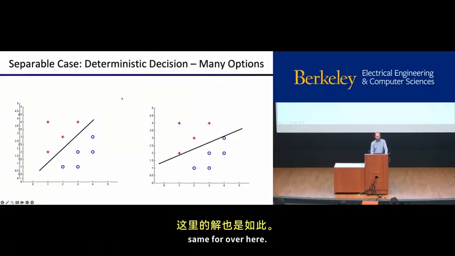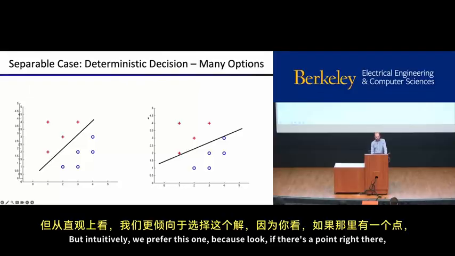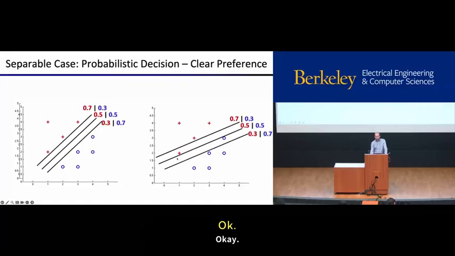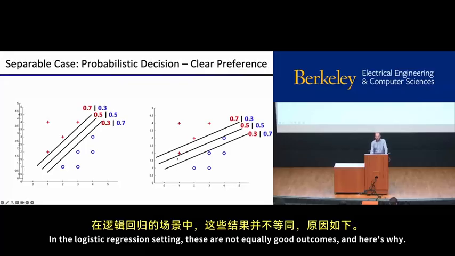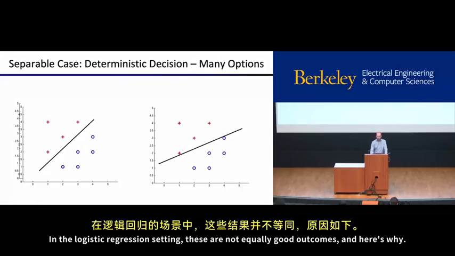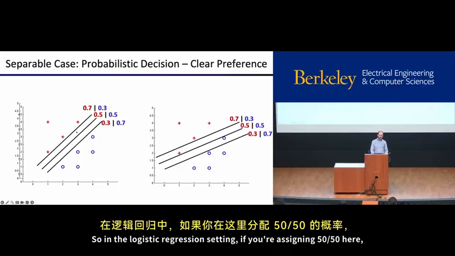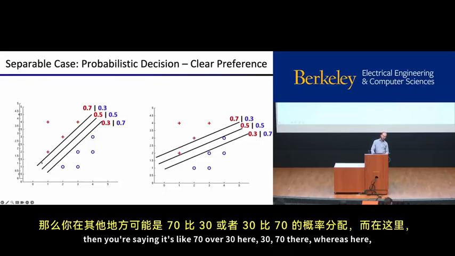Same for over here. But intuitively, we prefer this one because, look, if there's a point right there, we're not going to want to classify that as blue. Okay. In the logistic regression setting, these are not equally good outcomes. And here's why. In the logistic regression setting, if you're assigning 50-50 here, then you're saying it's like 70-30 here, 30-70 there.